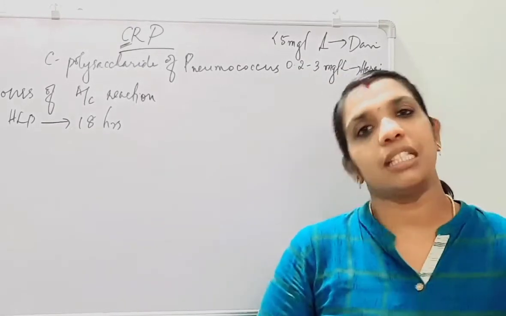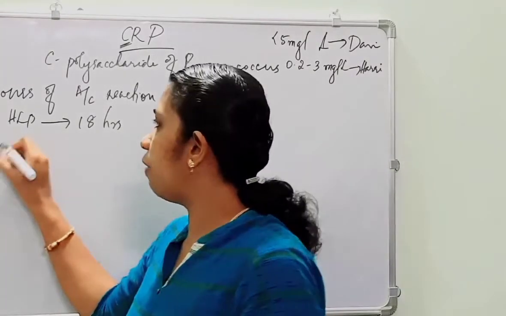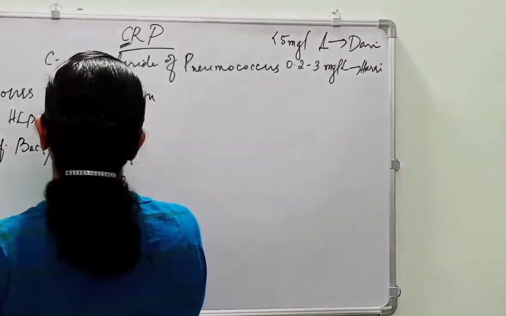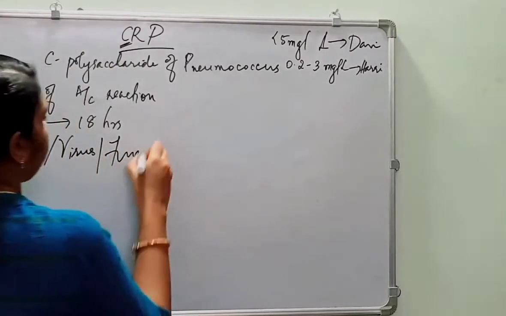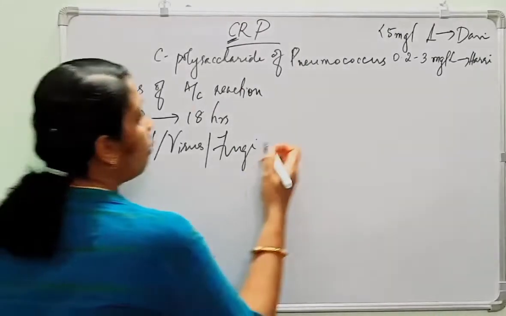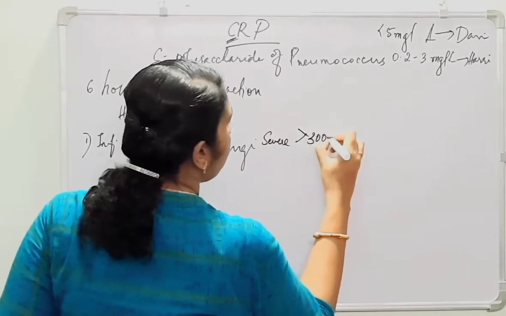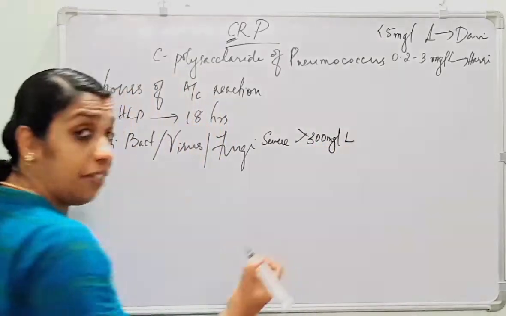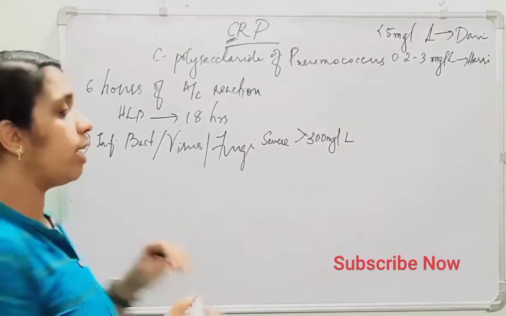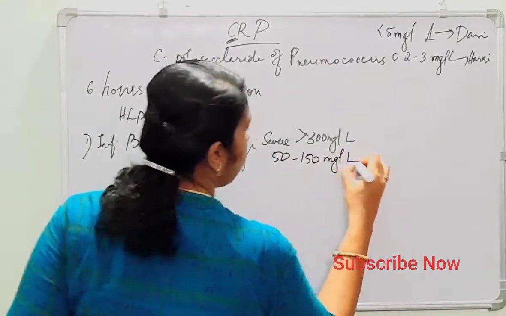Now let us see in which conditions the CRP gets increased. First is infection with bacteria, virus or fungi. In severe bacterial, fungal or viral infections, it will be greater than 300 milligram per liter, and in moderate infection, it will be between 50 to 150 milligram per liter.